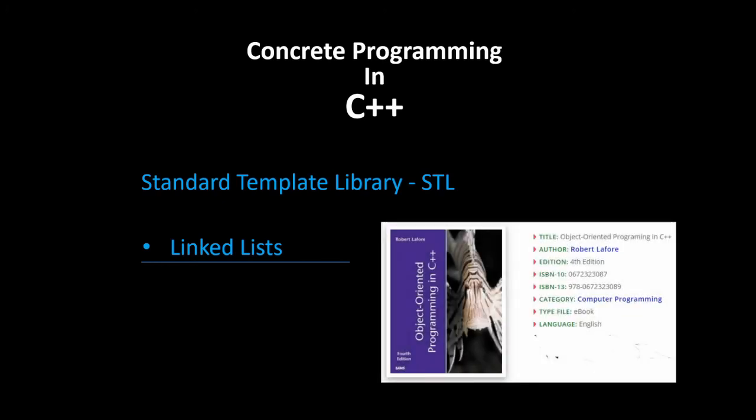But before I begin, what I'd like to do is talk about this book here. This is absolutely my favorite C++ programming book. It's called Object-Oriented Programming in C++, but it's only the 4th edition, and it's written by Robert Lafore. And I think it's by far the best textbook I've ever seen for C++. Unfortunately, it's a little bit outdated, and it's missing a lot of the new updates from, for example, things like move semantics.